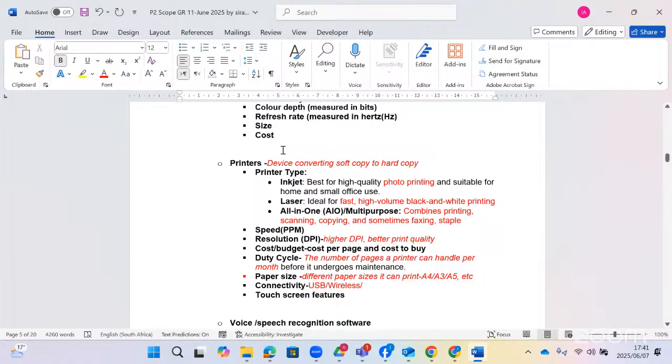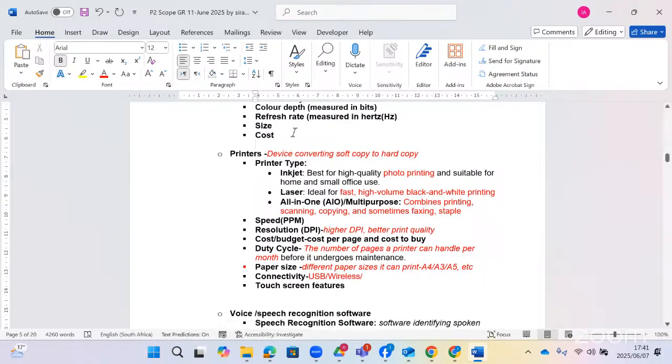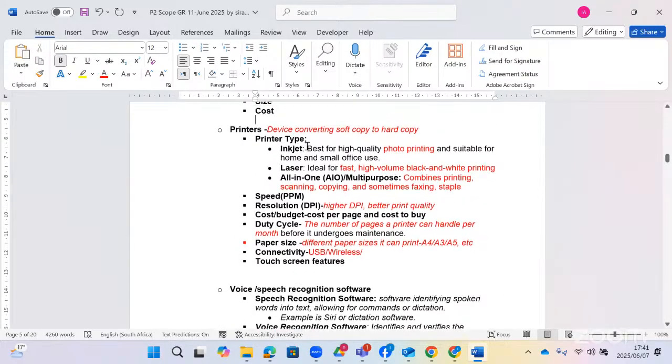Now, printers, factors to consider when buying printers also. First of all, you must consider the printer type, whether inkjet, laser, or MFP, all in one, or sometimes you call it multi-purpose or multi-function printer, which combines printing, scanning, copying, and sometimes fixing or stapling at the same time.